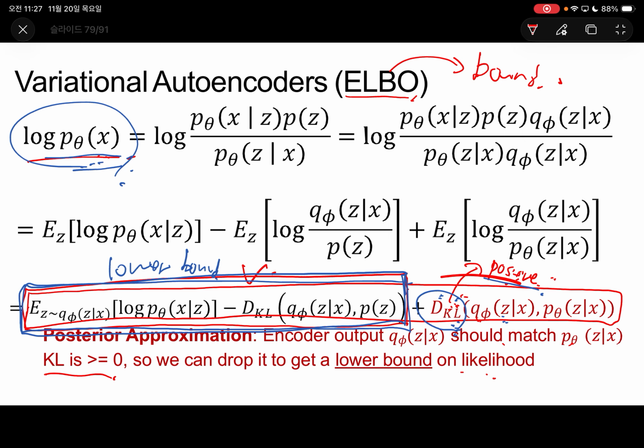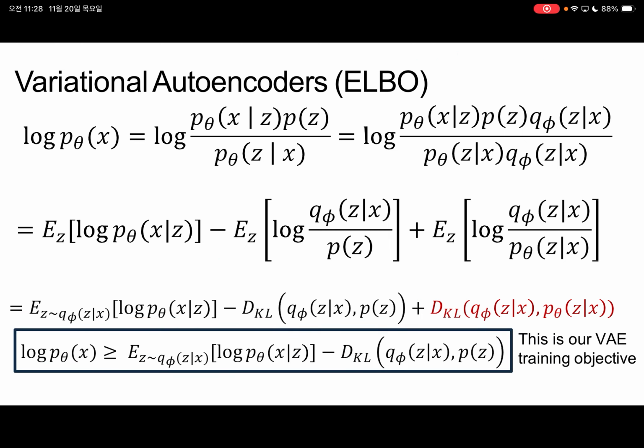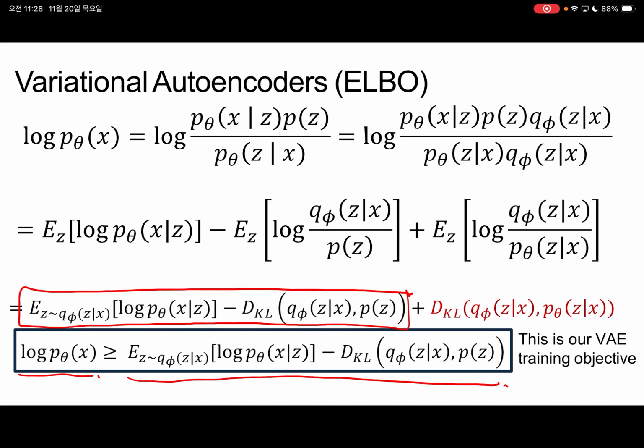And then, okay. So as I said, P(x) is equal or larger than this one, the first two terms, right? So this is our training objective. We'd like to maximize this one. We'd like to maximize the lower bound.